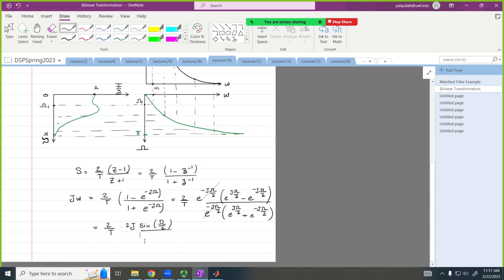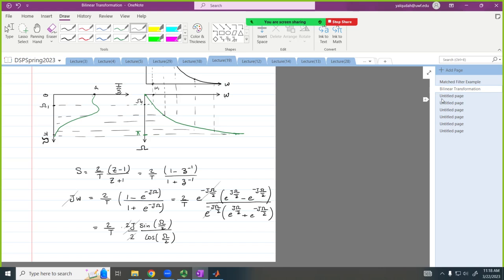And the denominator is going to equal 2 multiplied by cosine omega over 2. Make sense? These are added, so they're going to give me a cosine, and the subtraction is going to give me j multiplied by 2 multiplied by sine. Okay, so therefore, I can cancel the 2 with the 2, I can cancel the j with the j, and I can write this as double.